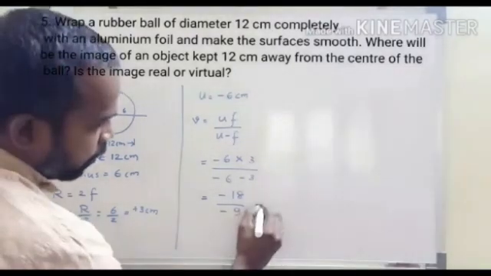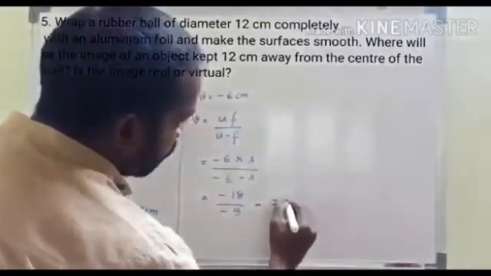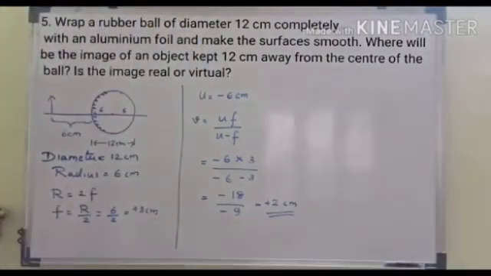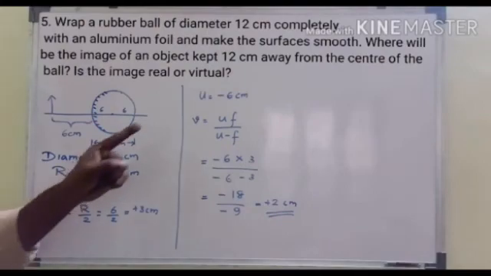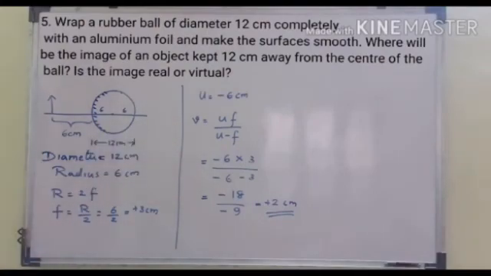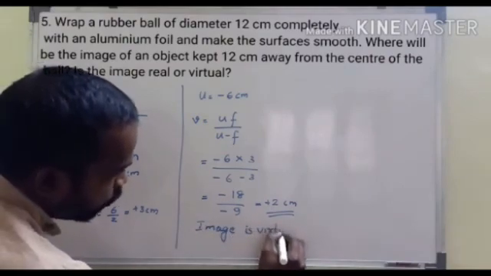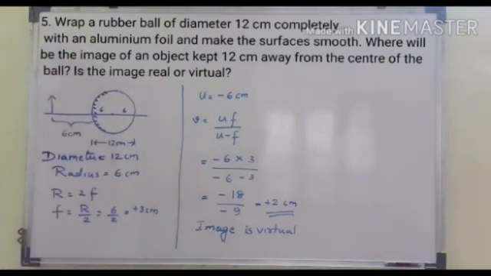So it is equal to plus 2 centimeter. That is v, the distance of the image from the mirror. We are asked to say whether the image is real or virtual. Since the mirror is a convex one, the image is virtual.